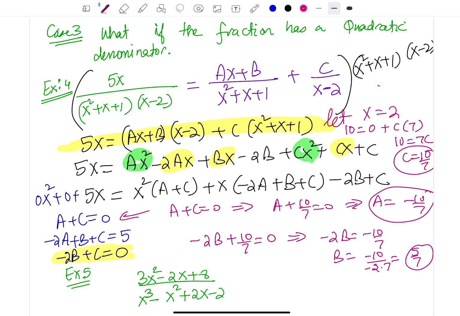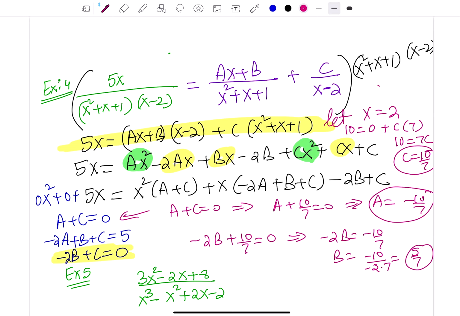So we just found the a, b, and c, and we can plug them back into the original equation and figure out what our partial fraction is equal to. a is negative 10 over 7, so negative 10 over 7 times x plus b, which is 5 over 7, divided by x squared plus x plus 1, plus c, which is 10 over 7, over x minus 2.